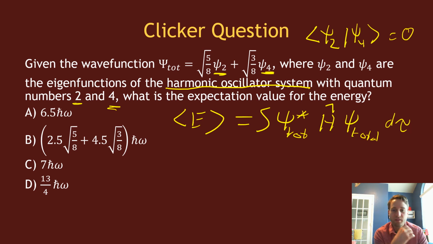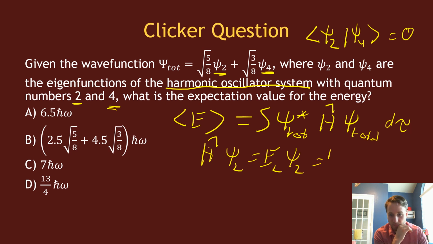And because of that, this simplifies greatly. And because they're eigenfunctions of the Hamiltonian, I know that the Hamiltonian acting on psi2 gives me back E2 times psi2. Oh, I always forget the energy for the simple harmonic oscillator here. It is the quantum number v plus 1/2, times h bar omega.